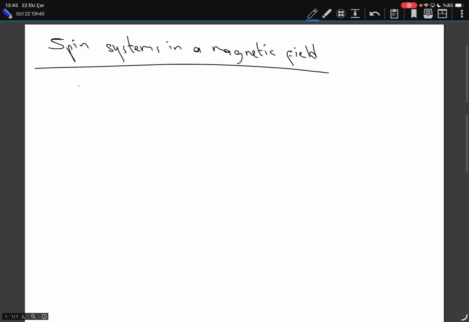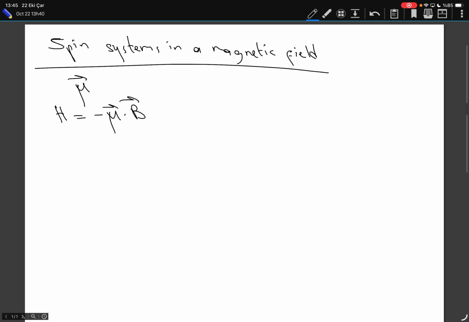And if you have, let's say, an object with a magnetic moment mu, its Hamiltonian will be just minus mu dot B, whatever the magnetic moment is. So let's first try to study this problem. There are a couple of things we have to pay attention to.